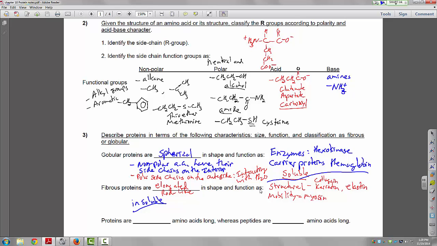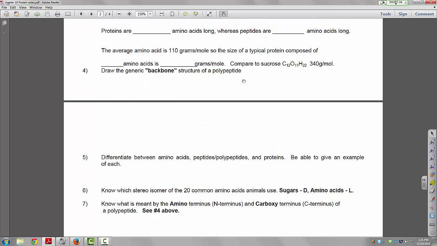Proteins are large polymers of amino acids, so they are greater than 50 amino acids long, whereas peptides or polypeptides, sometimes you'll hear referred to as simply peptides, are less than or equal to 50 amino acids long. Proteins are greater than 50 amino acids.